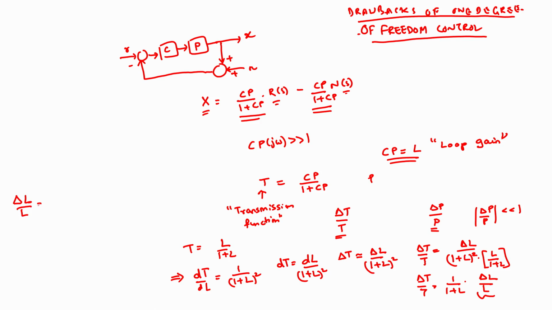Delta L by L is going to be equal to delta of CP divided by CP, and this in turn is going to be equal to C times delta of P plus P times delta of C divided by CP, or in other words it is going to be equal to delta P by P plus delta C by C. Now if we focus on these two terms, we note that since a controller is a system that we have designed as engineers, there is really no uncertainty associated with the controller structure.